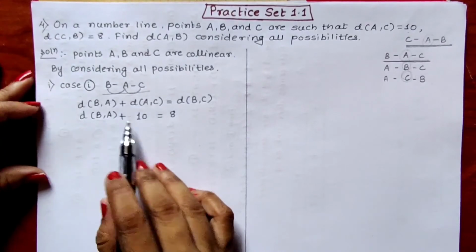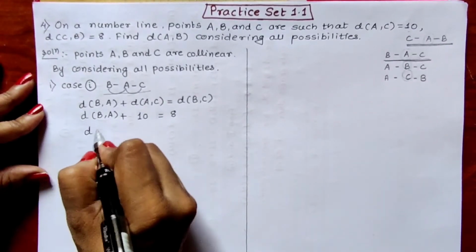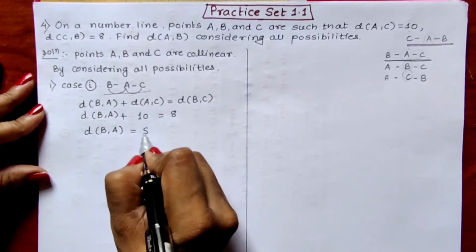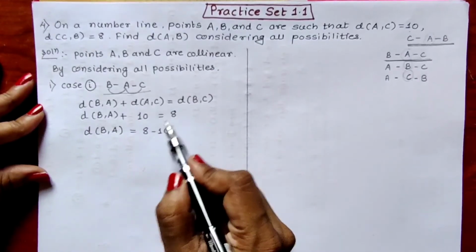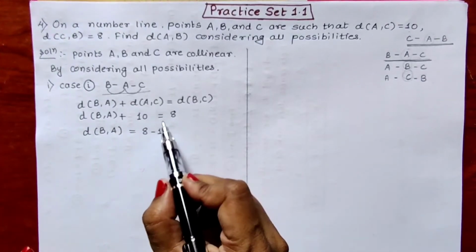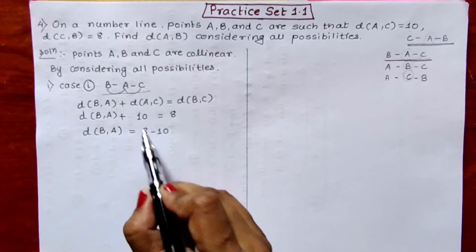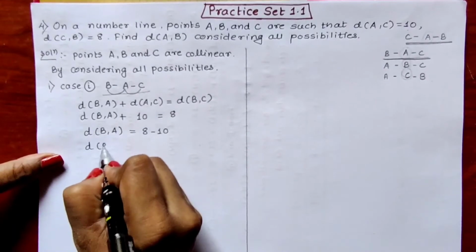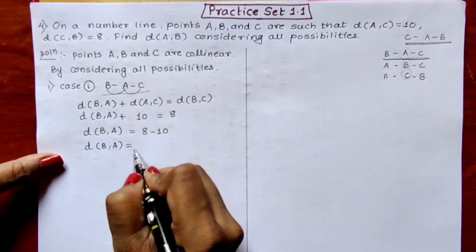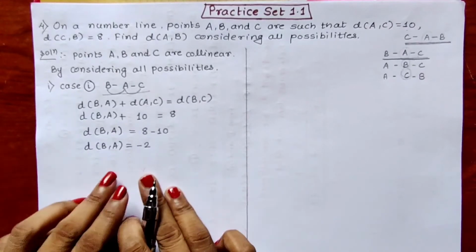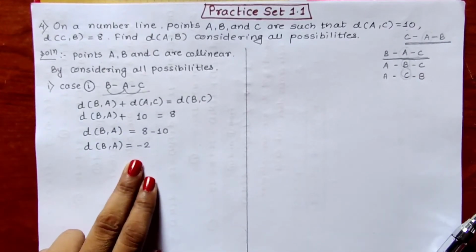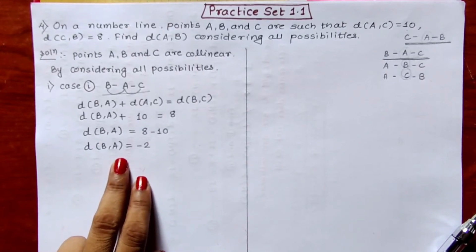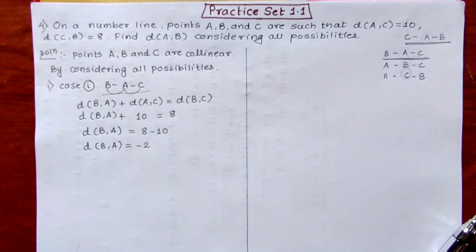If I transfer this plus 10 to the right hand side, it is 8 minus 10. 8 as it is on the right hand side, and this plus 10 is transferred from the left hand side to the right hand side, it becomes minus 10. So distance BA will be equal to 8 minus 10, which is minus 2, and minus 2 is negative, and distance is never negative. So this cannot be considered because distance is never negative. Always keep this in mind, children.